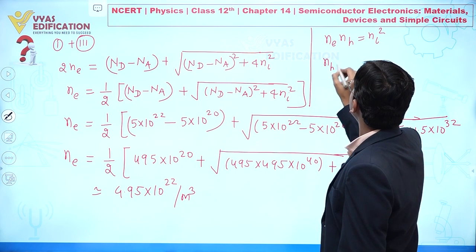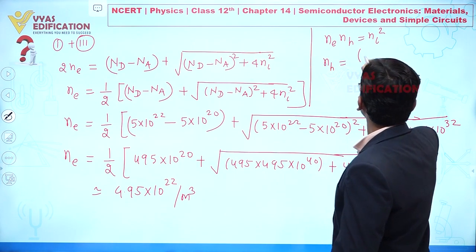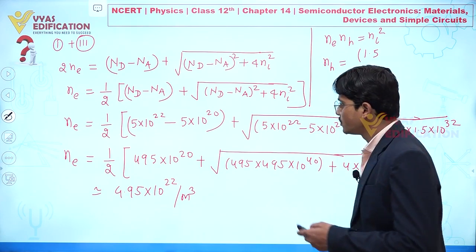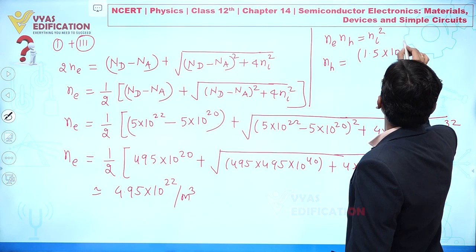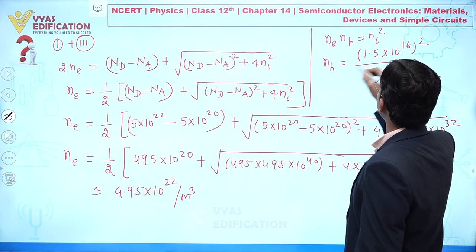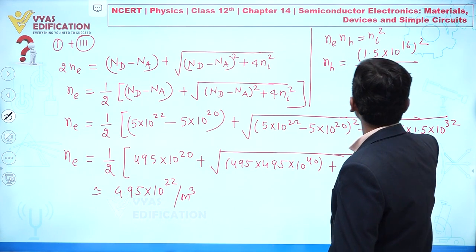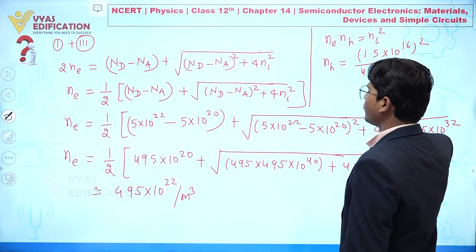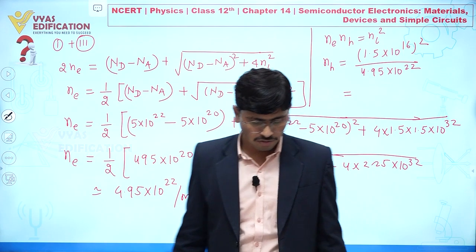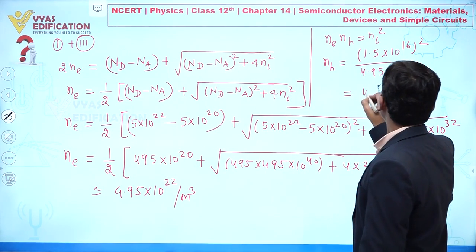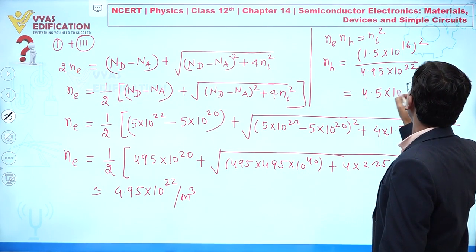So from here, Nh equals Ni square divided by Ne, where Ni is 1.5 into 10 to the power 16, whole square, divided by the value of Ne, which is 4.95 into 10 to the power 22. Clear? Now if you solve it, you will find the answer near about 4.5 into 10 to the power 9 per meter cube.